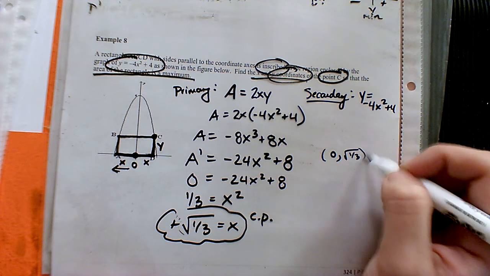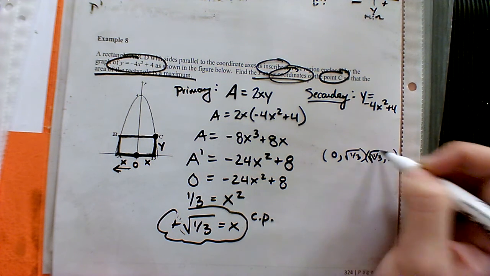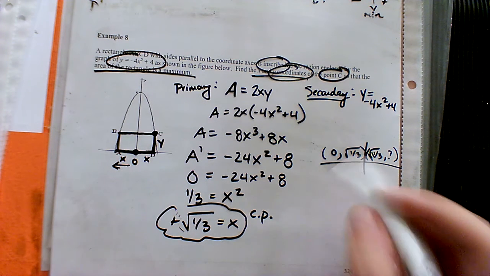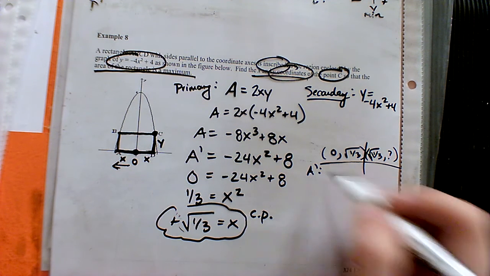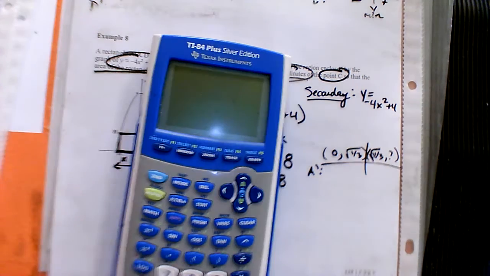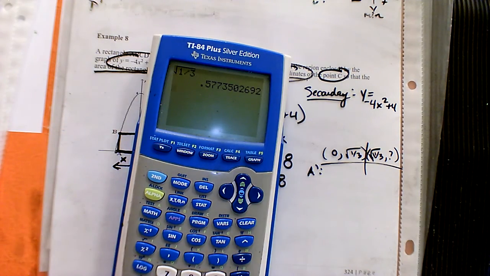0 to square root of 1/3, square root of 1/3 to something else. Okay, make a sign chart. We might need a calculator for this one. I don't know what the square root of 1/3 is. 0.577.